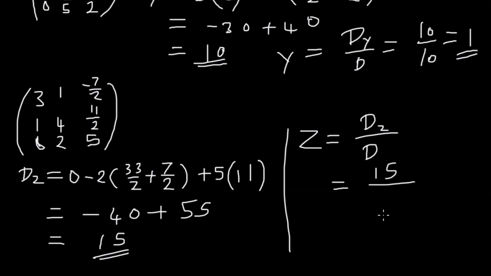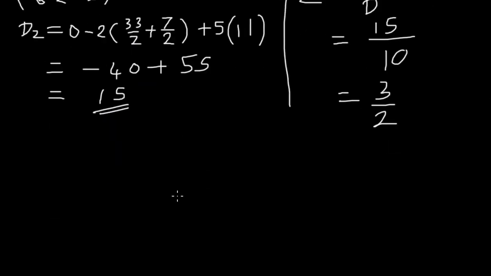When you divide this, you're going to have 3 over 2. So these are your answers. Your final answers will be x is equal to 0, y is equal to 1, and z is equal to 3 over 2.